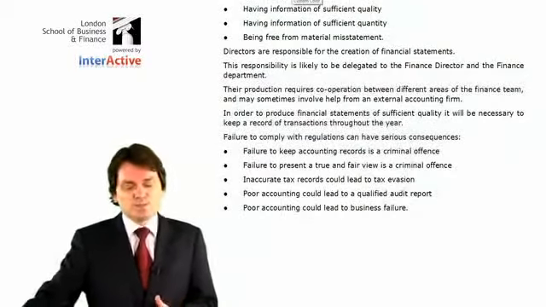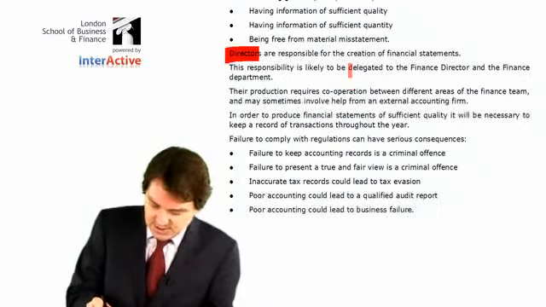Now, who is responsible for making sure that the financial statements meet all of those things? Well, it is the directors of the company, the chief executive officer, the managing director. It's not the job of the finance director only. Notice what it says underneath.